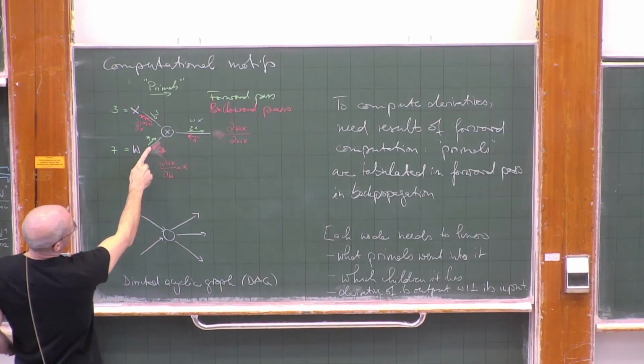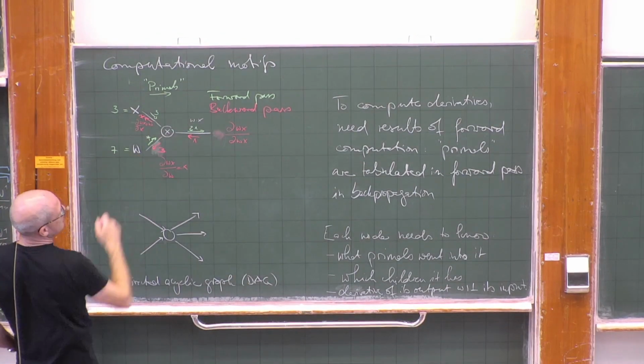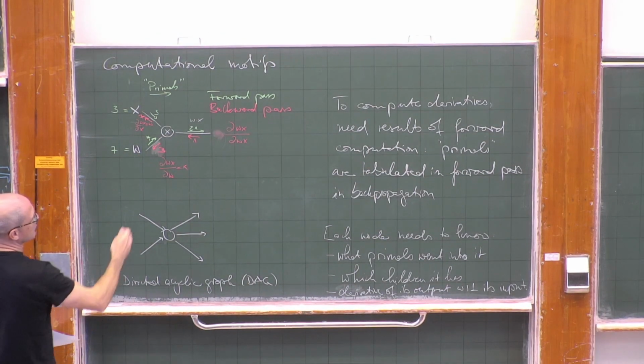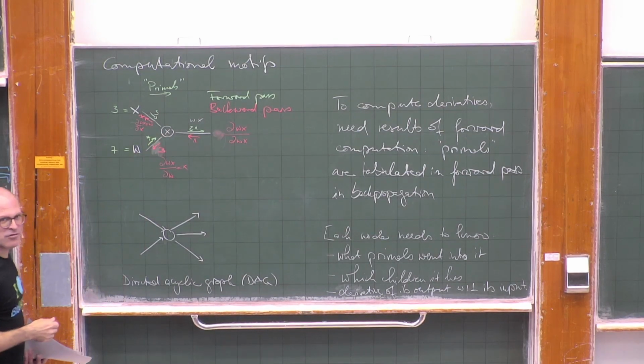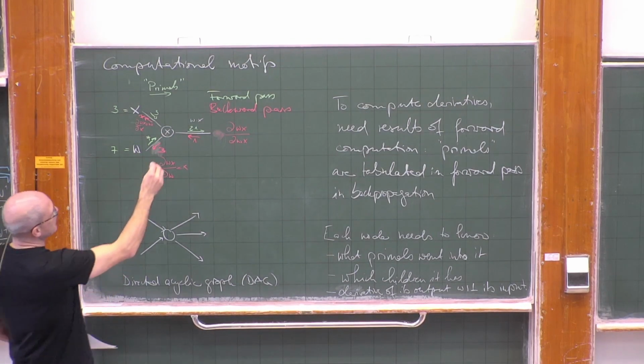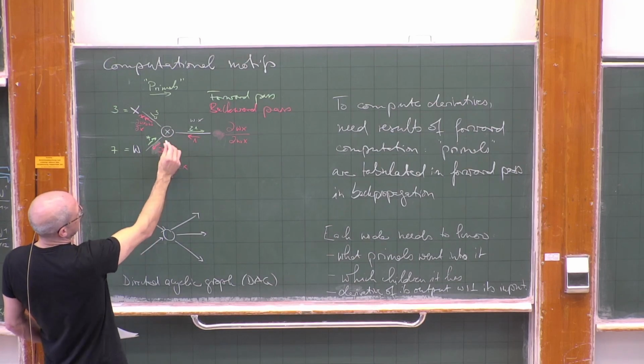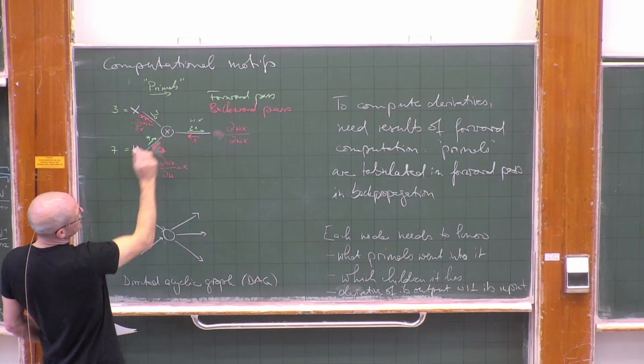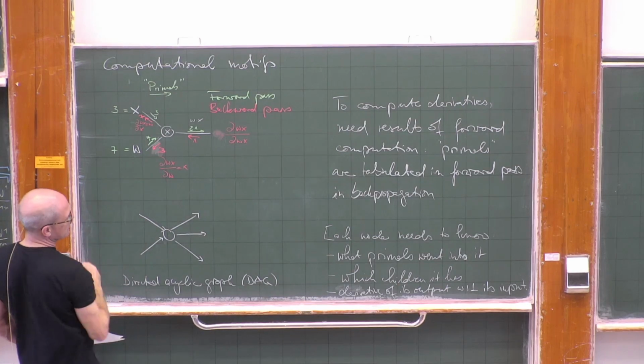So here, this was a multiplication operation. In order to send the right information back, we need a prescription of how to compute the derivative of the output with respect to each of the inputs.